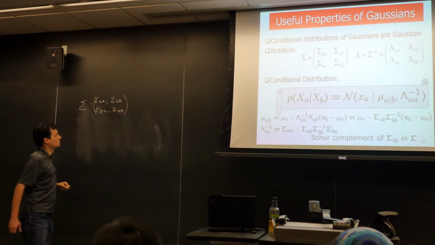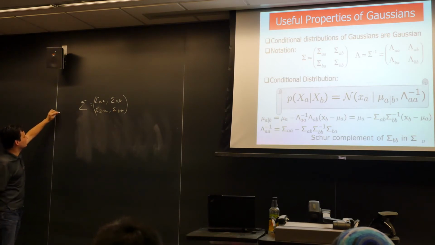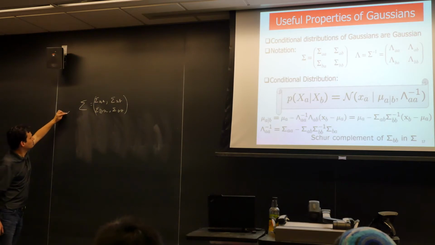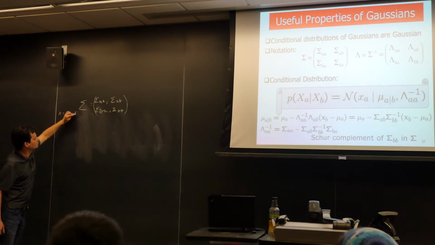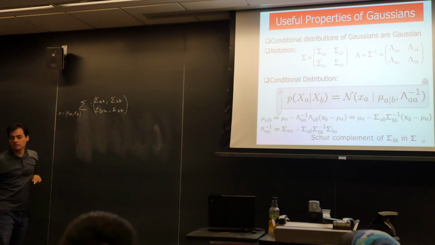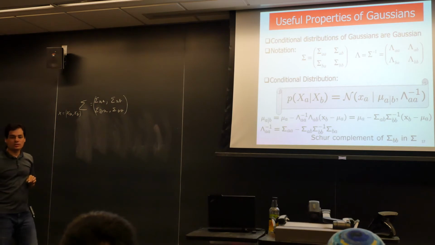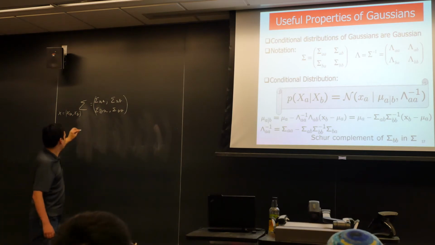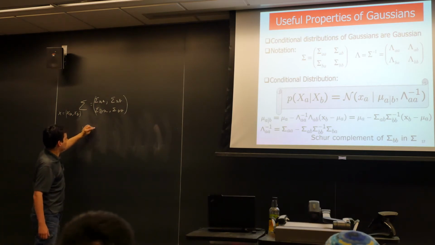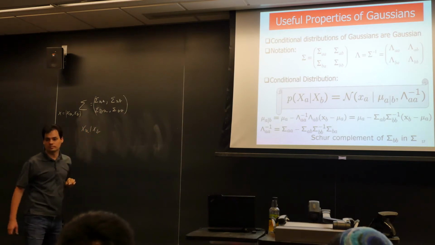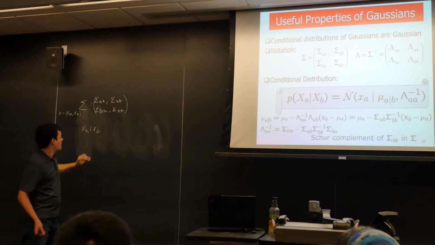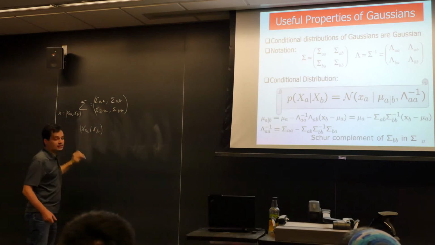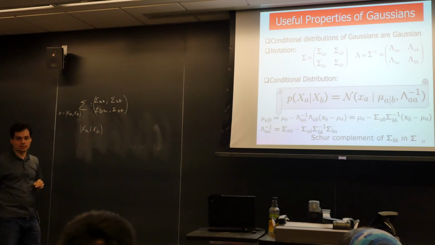This is the covariance matrix of a Gaussian random variable x, which is just, say, xa and xb together. And I want to calculate the conditional distribution of xa given xb. I claim that this xa given xb is a Gaussian distribution.